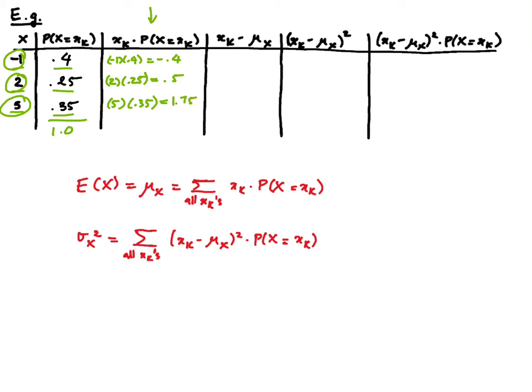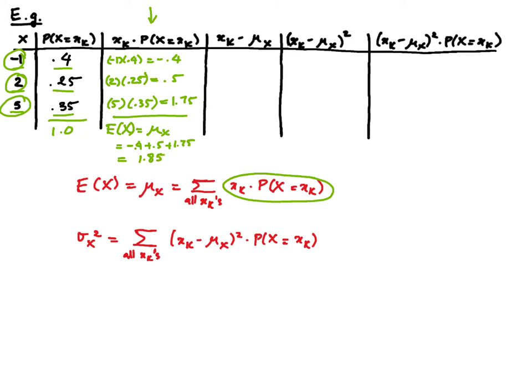Right? But then note that for each xk, that's exactly what we need to find the expected value, right? And so if you sum up all the numbers in this column, you get the expected value, E of x or mu of x, and so that's going to be equal to -0.4 plus 0.5 plus 1.75, which is equal to 1.85.